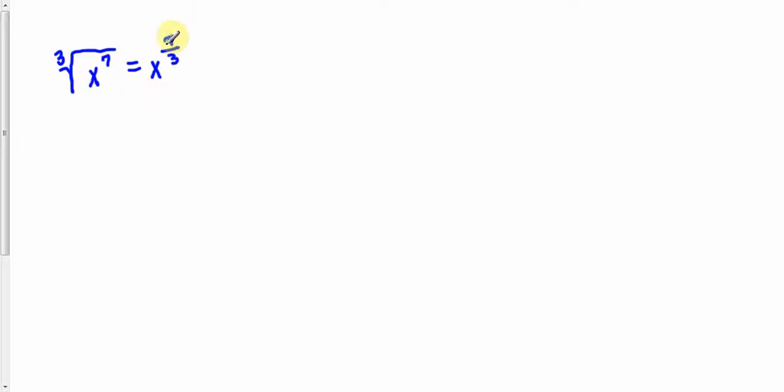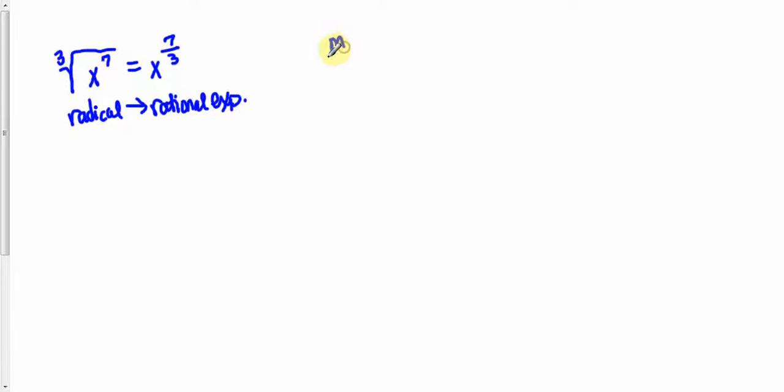But on this one, we're going to learn converting from radical to rational exponent. The definition is like this.